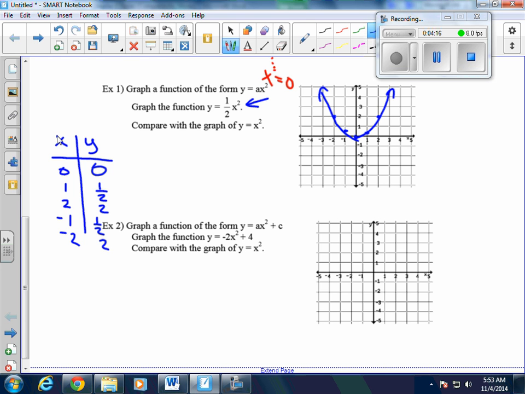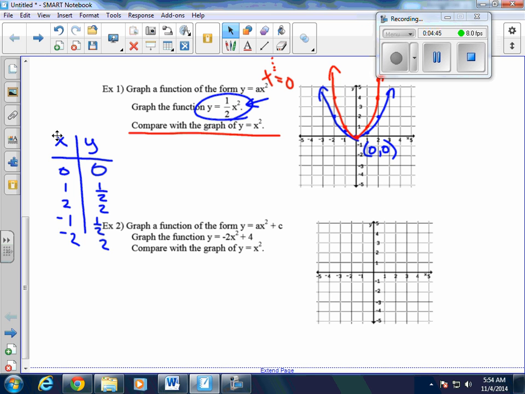And there's our graph, and again, we're going to make sure to label the vertex. Now, I'm also going to put my parent function on here because it says we want to compare the graph with the parent function. So, vertex and the points here. So, the red one's my parent function. The blue one is the function that we graphed.